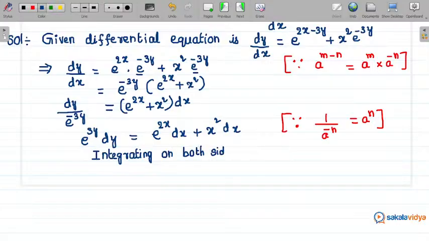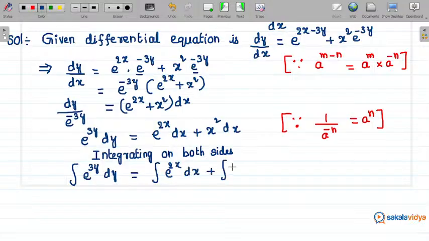So, integrating on both sides, what do we get? Yes, you are correct. This we can write integral e power 3y dy equals integral e power 2x dx plus integral x square dx.